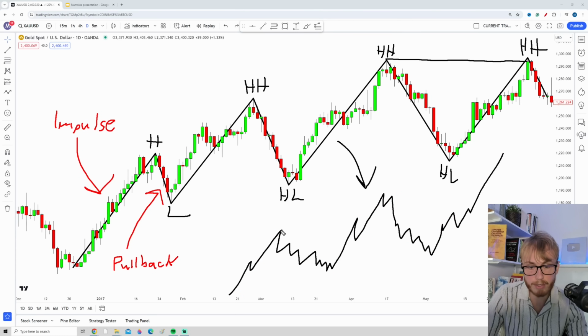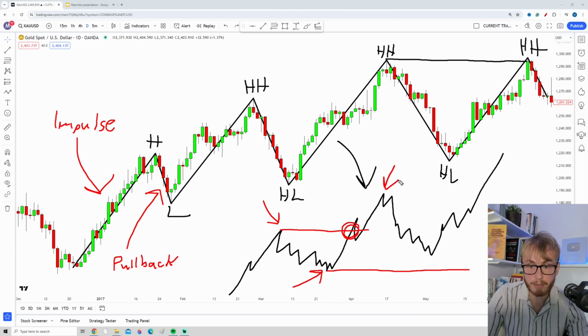And the rule we need to follow here is that when an impulsive move breaks the previous high in the uptrend, so this right here is a high, and you can see that this high is broken at this point. When we break this high, this trend will still be in an uptrend as long as we are above the low of the pullback.